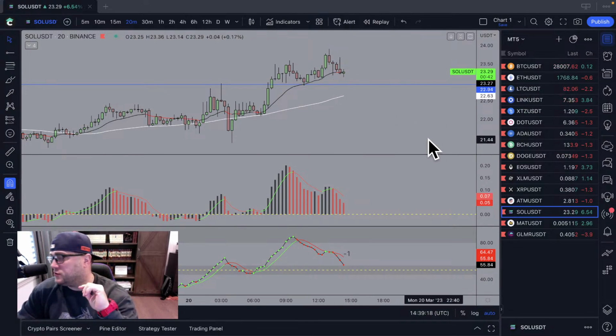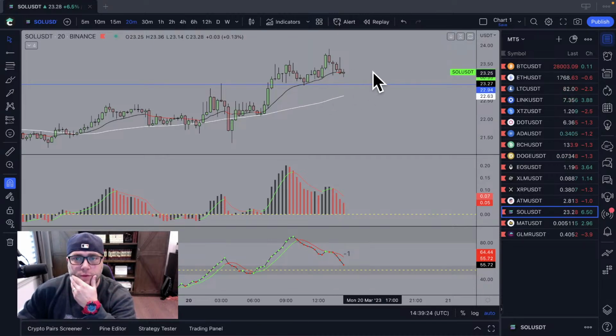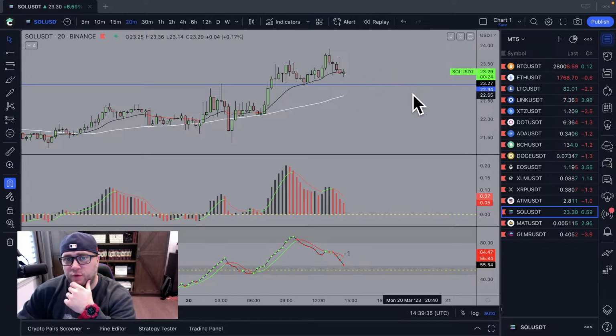Even on the 20-minute chart, you have lower highs going in, saying you have a fight going on. And you have a shoulder and a head. Maybe you'll form another shoulder over here, and then before you drop.